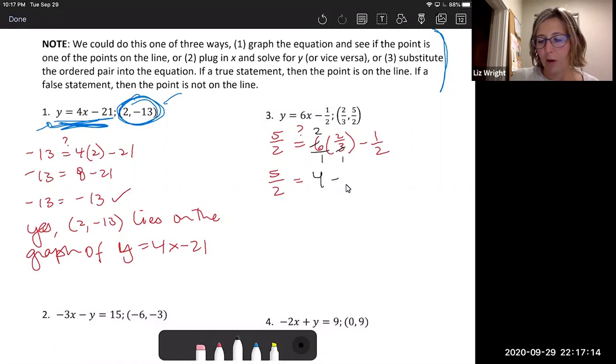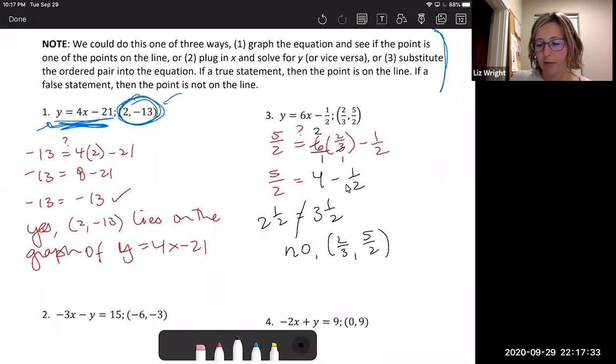I've got 4 minus 1/2, which is 3.5. 5 halves is 2.5. So those don't equal. So this one is no. The point (2/3, 5/2) is not a solution, or it does not lie on the graph of the line y equals 6x minus 1/2.